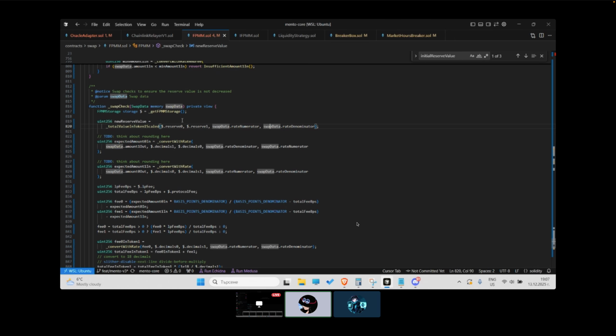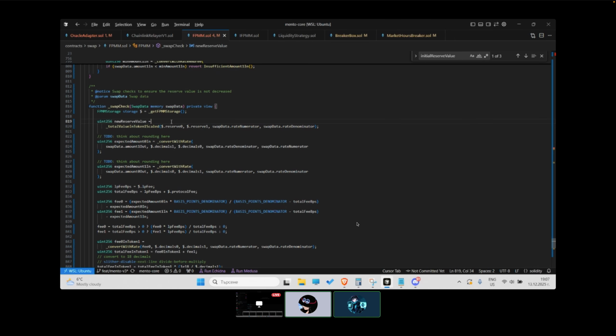Oh yes, they check. I actually didn't go through this function. I got stuck here on the trading limits. That's kind of in the future. But can we go there? I'm curious. Can we check this swap check? Yeah.